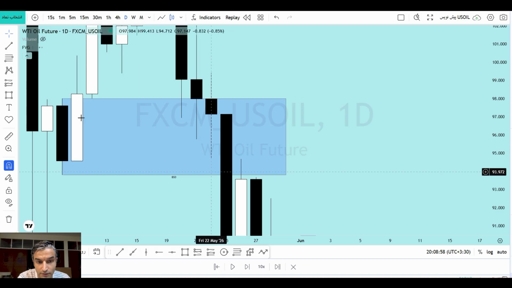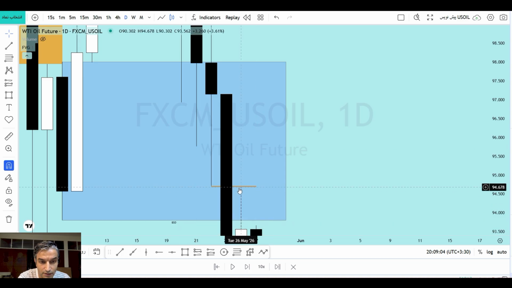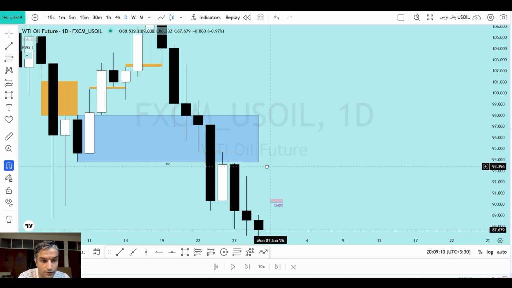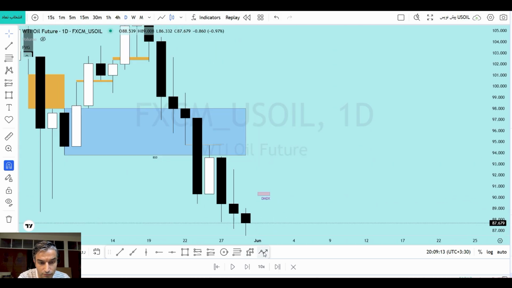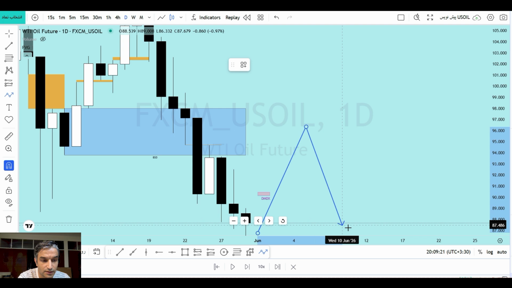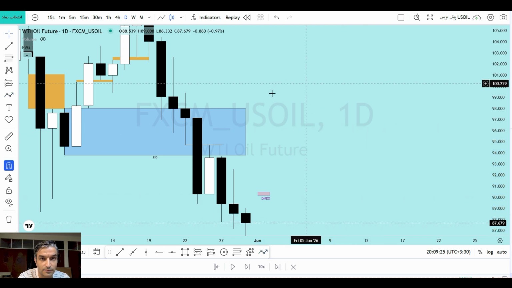Let me turn it on. FVG. As you see, price broke it, and we have a little FVG in this area. So we are hopeful that price in the future comes to this area, has a reaction to this area, and then goes down. Let's see what will happen.